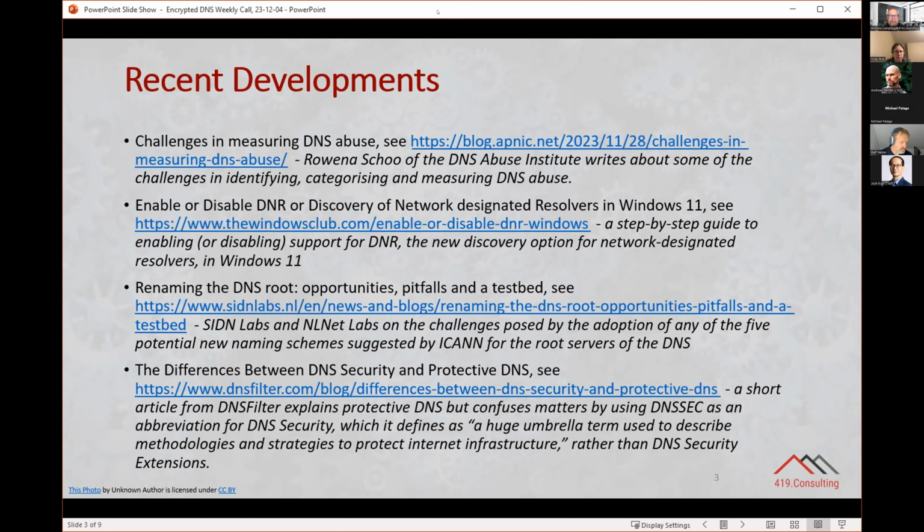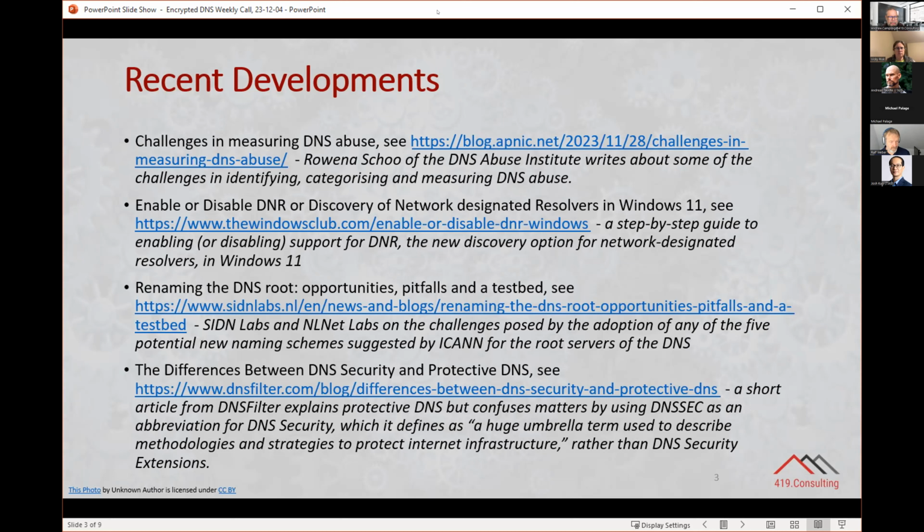So I thought she made some interesting points in that. Topically, there was also a step-by-step guide to how to enable or indeed disable DNR within Windows 11, which I was a bit surprised to see, to be honest, but it's good to see that that's been picked up and being written about.